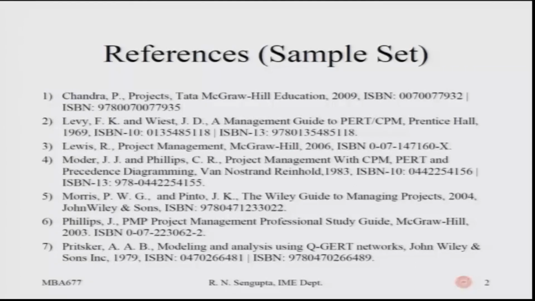A very good book, but an old book in the market, is the second one, by Levy and Weist. It is called the Management Guide to PERT and CPM. It is a little bit advanced book, but condenses all the topics which generally are covered in project management, though it does not cover a few of the topics which I am going to discuss within another few minutes.